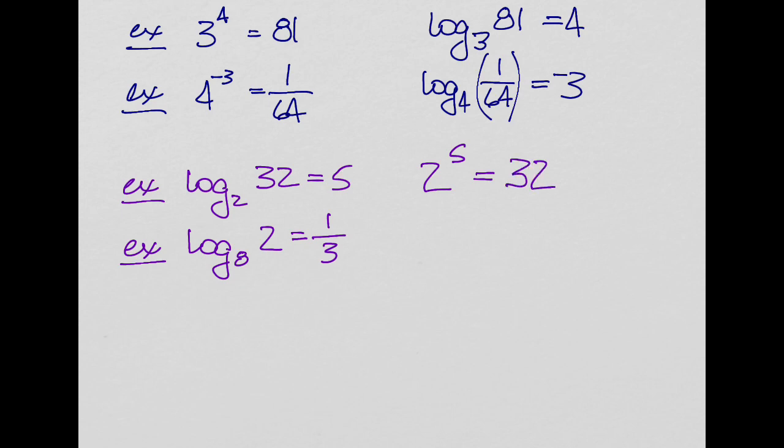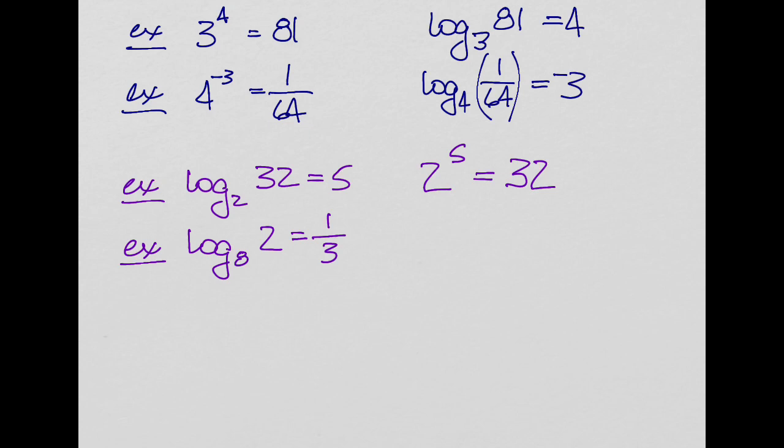And when you're finished, this should be true. So I should be able to look at 2 to the 5th power equals 32 and go, let's see, 2, 4, 8, 16, 32. Use your fingers if you have to. Yeah, that's true. 2 to the 5th power is 32. So I did it right. If I took log base 2 of 32 equals 5 and came up with 5 squared equals 32, that's not true. And it should be true when you're done. So it's a little quick check.